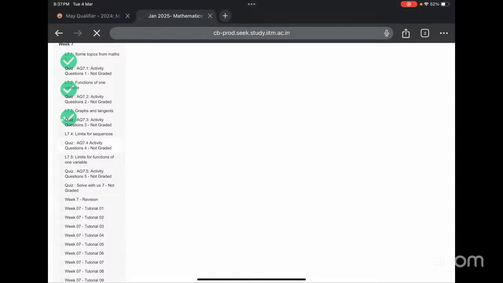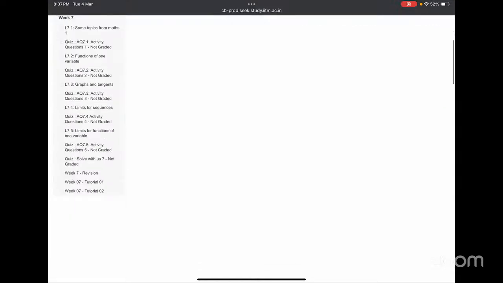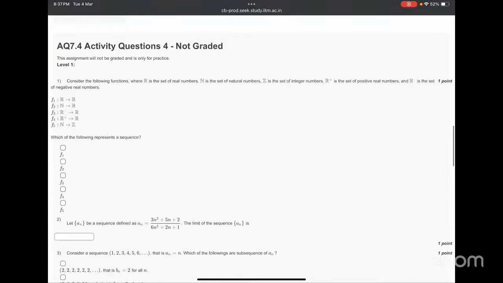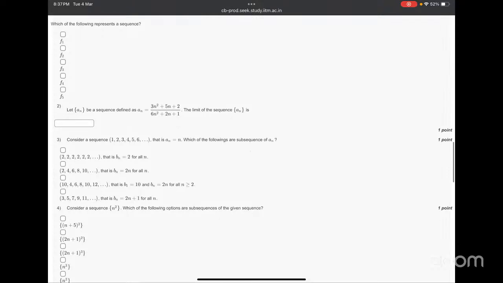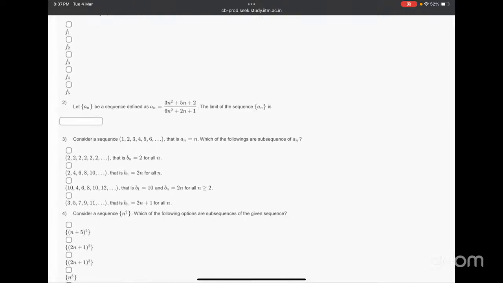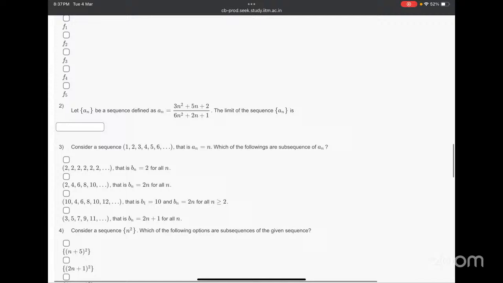7.4. Well, 7.4, second problem, I tried, madam, by dividing. It is tending to infinity. This one, a n equals 3n square. Okay. So bring out n square outside, then 5n becomes 5 by n and 2 by n square will go away, even in the denominator.